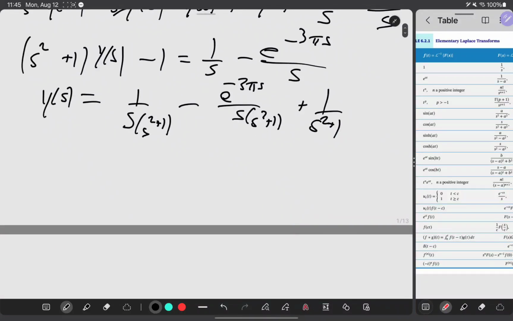We only have to do partial fraction decomposition for just one of them, the 1 over s times s squared plus 1.